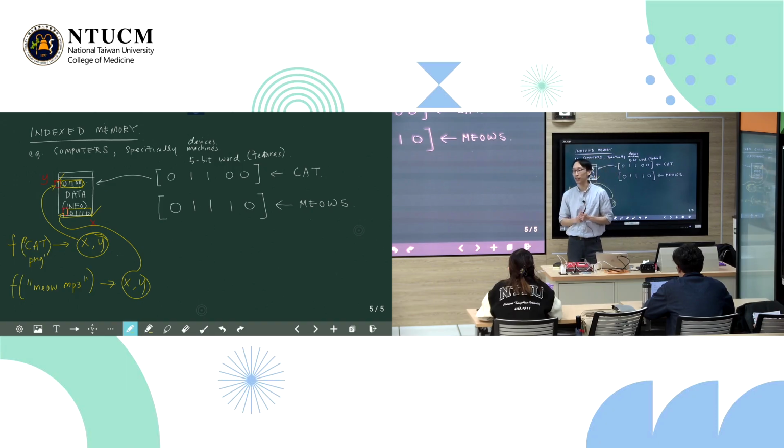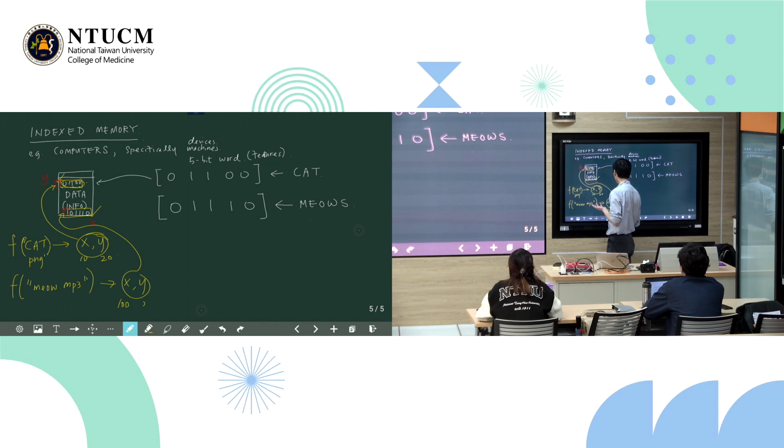Okay, one question. Does it matter where cat PNG and meow MP3 are located in the hard disk? So if this XY is, let's say, 10 and 20, and then this one is, let's say, 100 and 200, does it matter to the information itself? It's irrelevant, right? So it's very obvious, right?